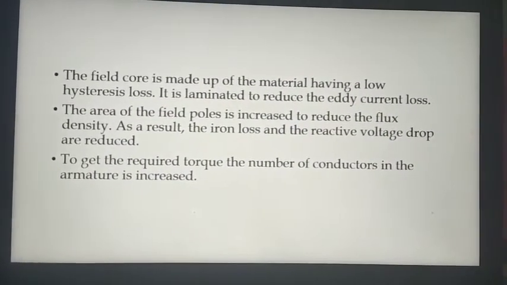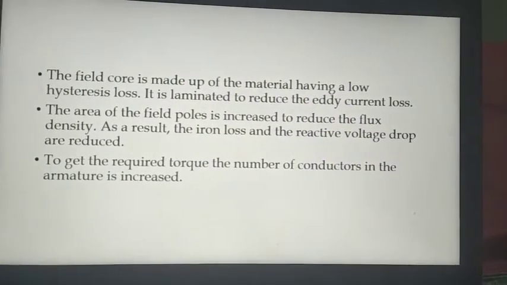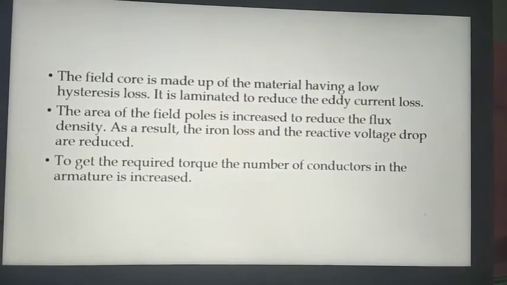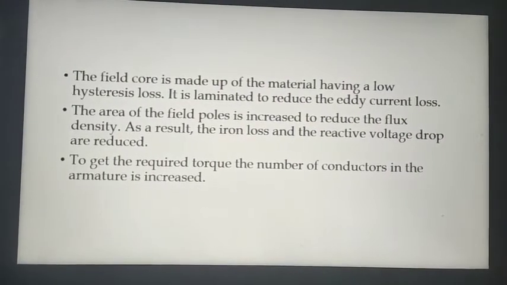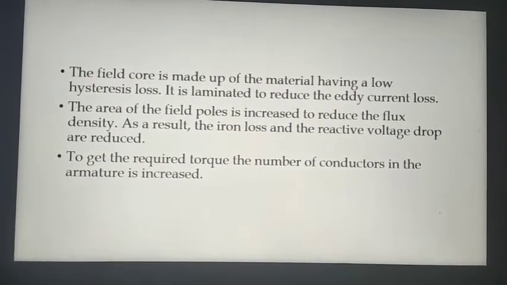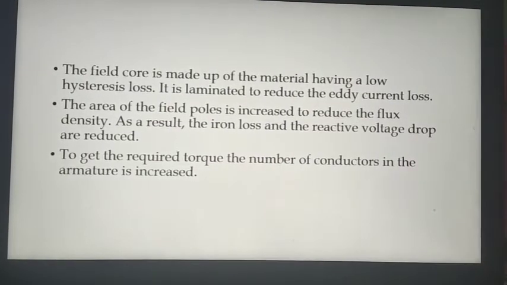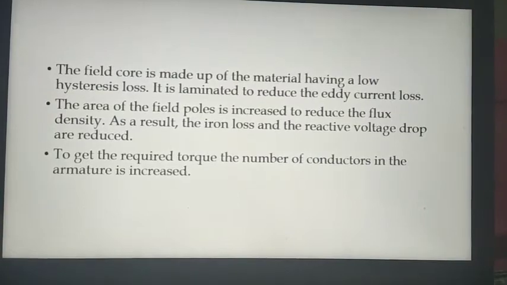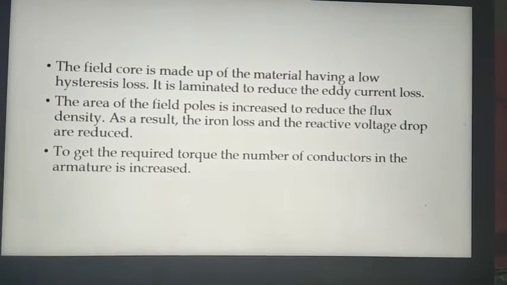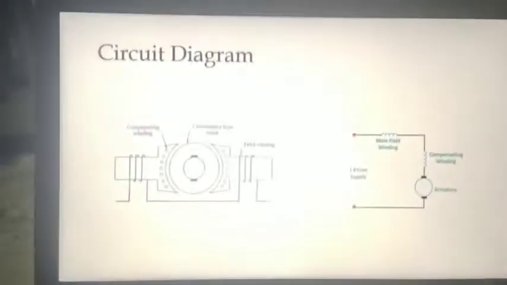It is laminated to reduce the eddy current losses. The area of the field poles is increased to reduce the flux density. As a result, the iron losses and the reactive voltage drop are reduced. To get the required torque, the number of conductors in the armature is increased.